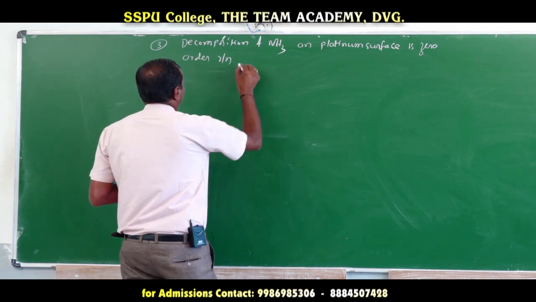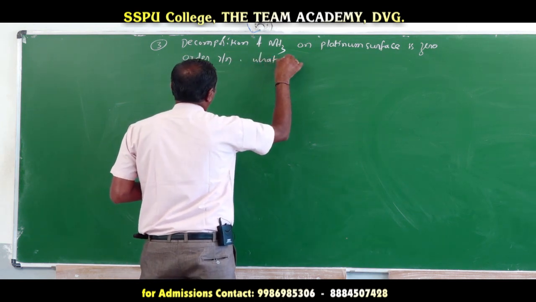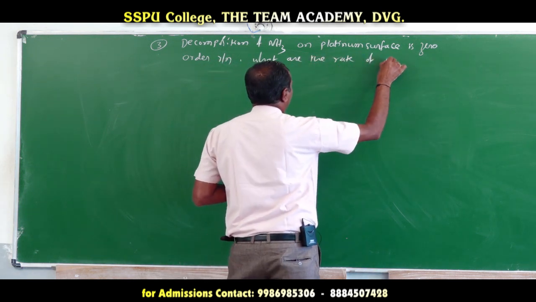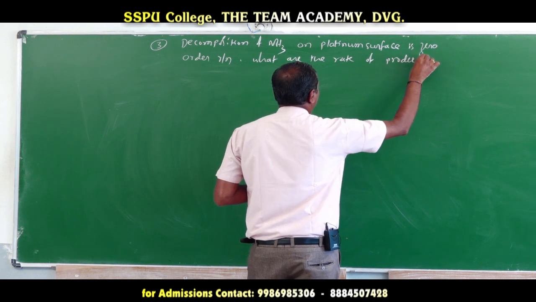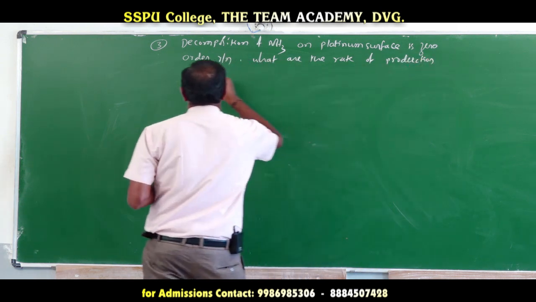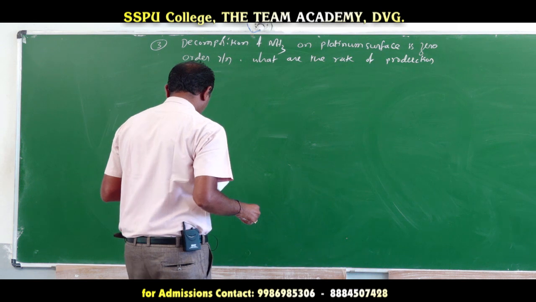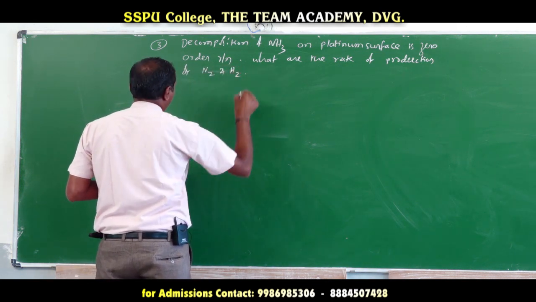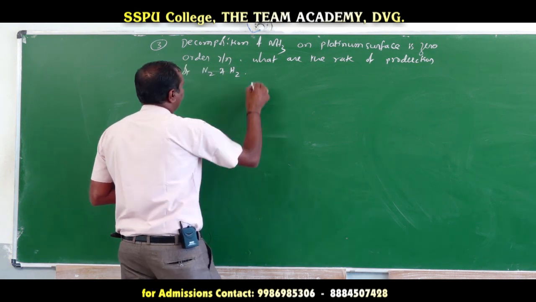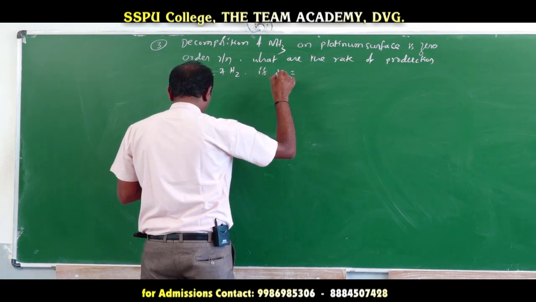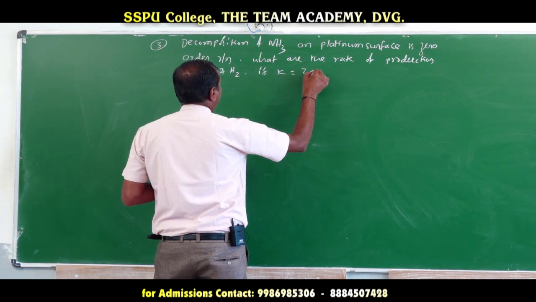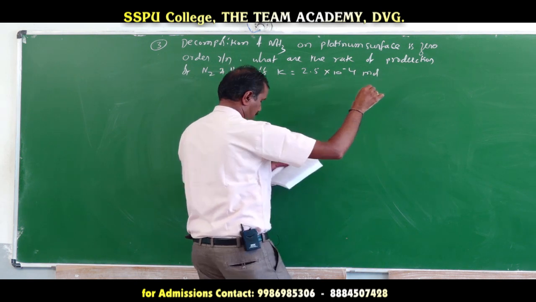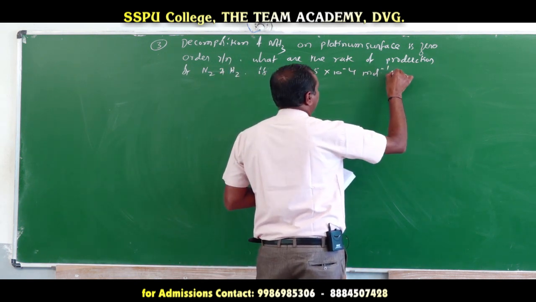What are the rates of production of N2 and H2 if K equals 2.5 into 10 to the power of minus 4 per mole liter per second.